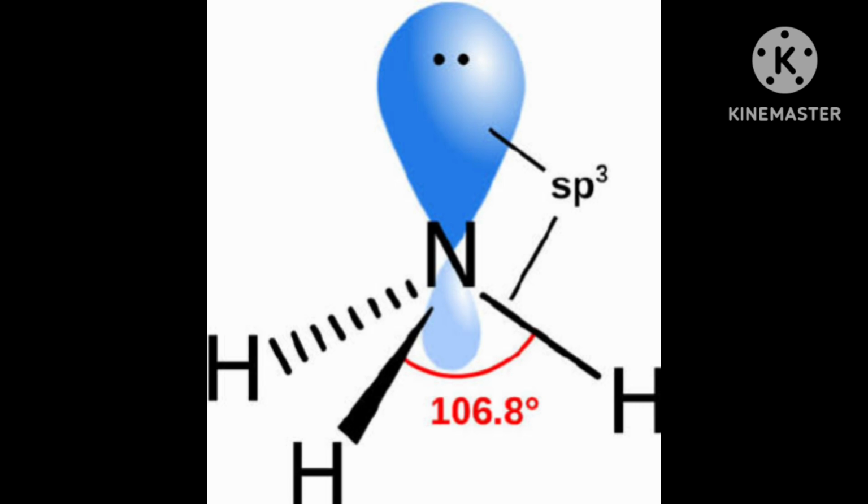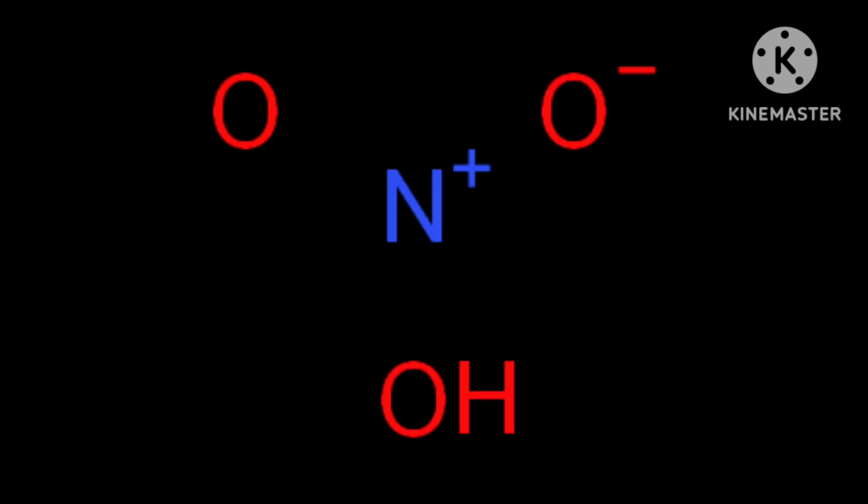HNO3 plus H2O gives H3O plus. H2O will take a hydrogen and it will convert to H3O plus, the hydronium ion.